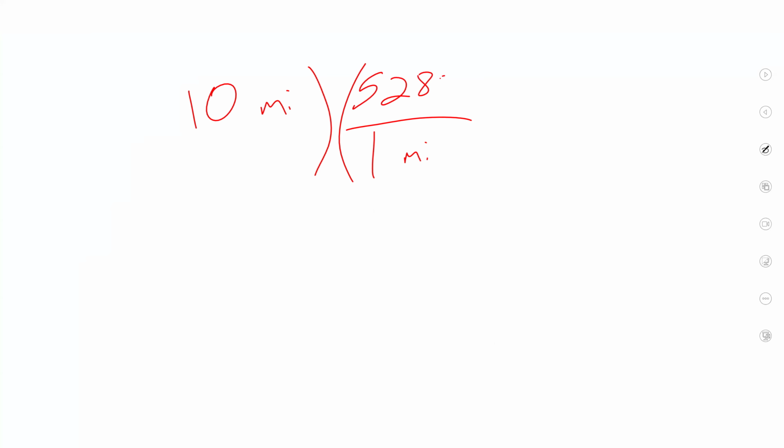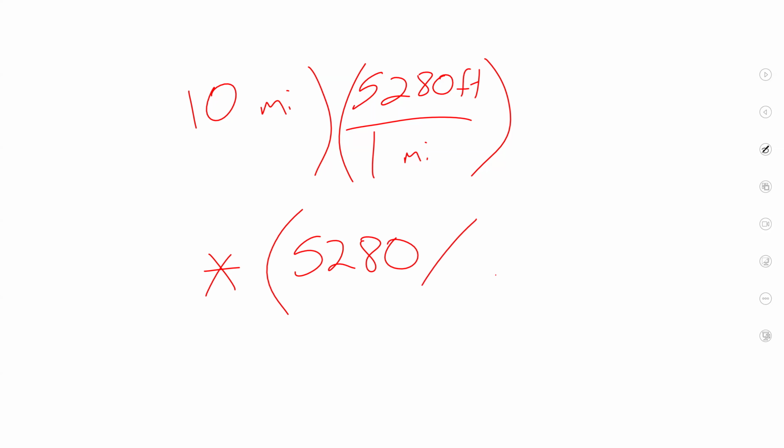So when I say something like 10 miles into feet, 1 mile is 5,280 feet, right? I know I'm going to take 10 and multiply by 5,280 because the 5,280 is on top of the fraction. If it was on the bottom of the fraction, I'd be dividing by it. You can also just type it into your calculator times 5,280 over 1.